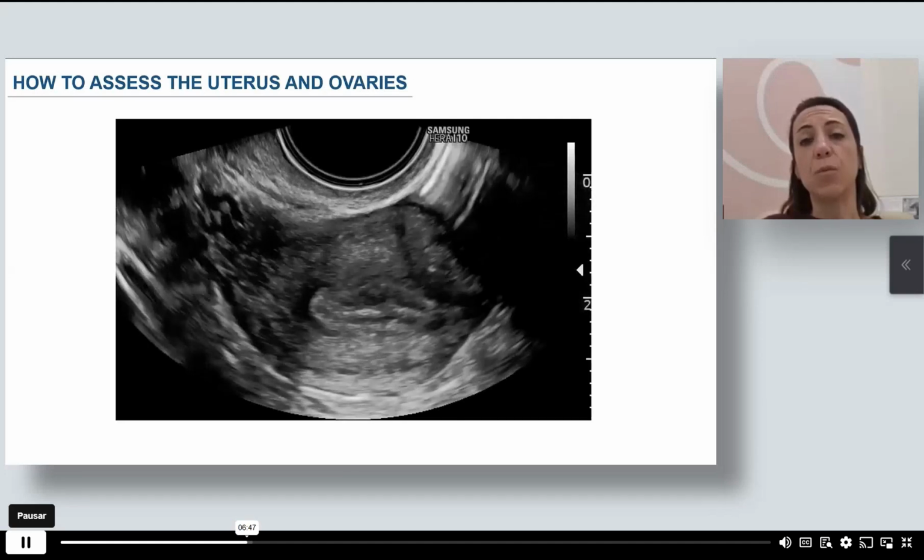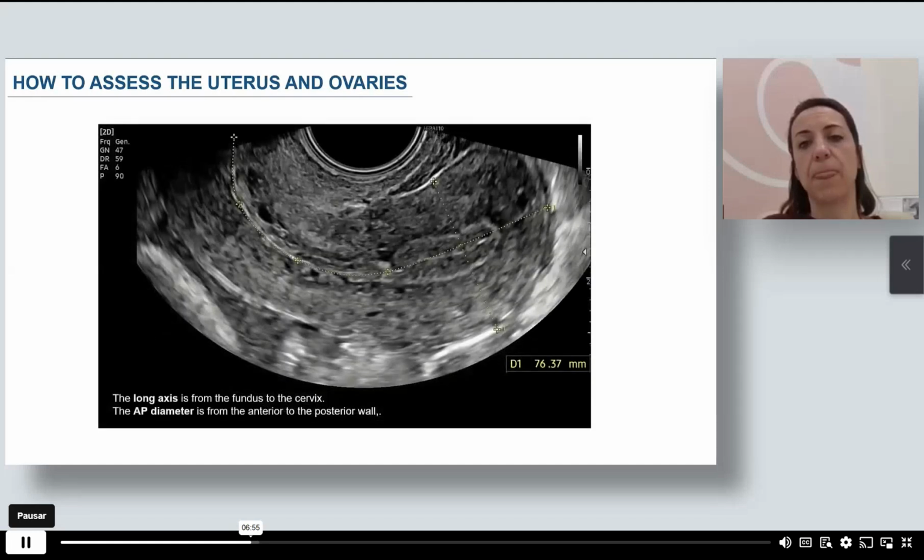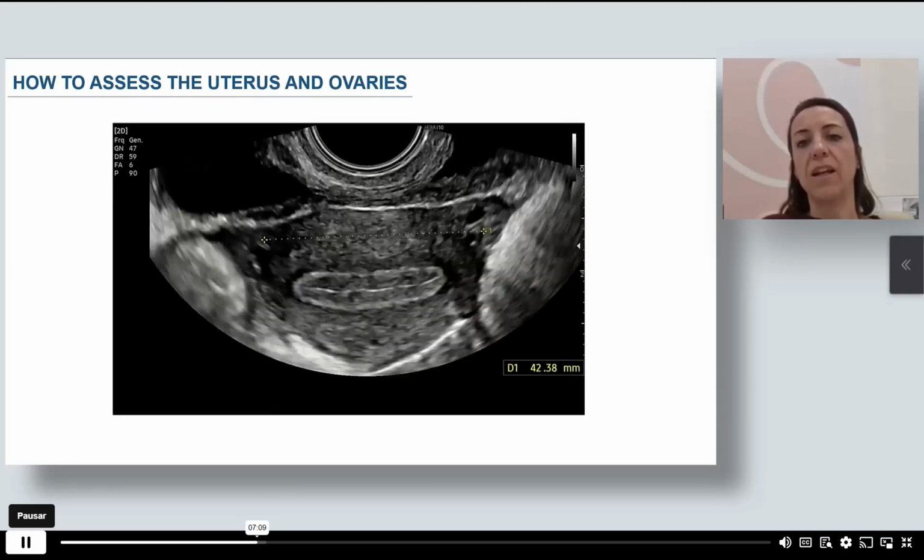And then we should move the probe from the fundus to the cervix in order to assess all the uterus. We measure the uterus. The first is the long axis from the fundus to the cervix, then anterior-posterior diameter from the anterior to the posterior wall, and then in the transversal section, we can obtain the third parameter.